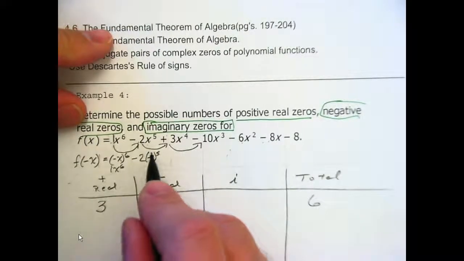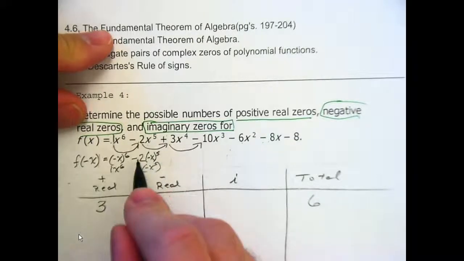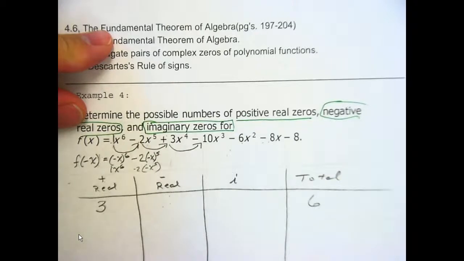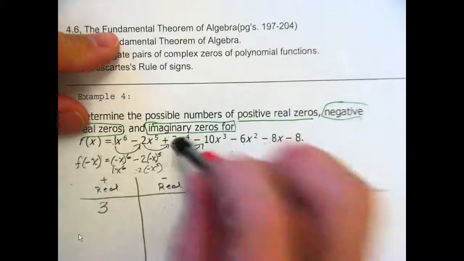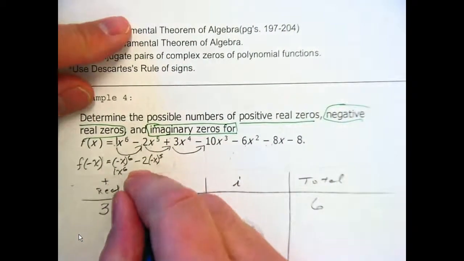That means I get a negative x to the 5th here times negative 2. Negative x to the 5th times negative 2 is positive 2x to the 5th. So it changed the sign.